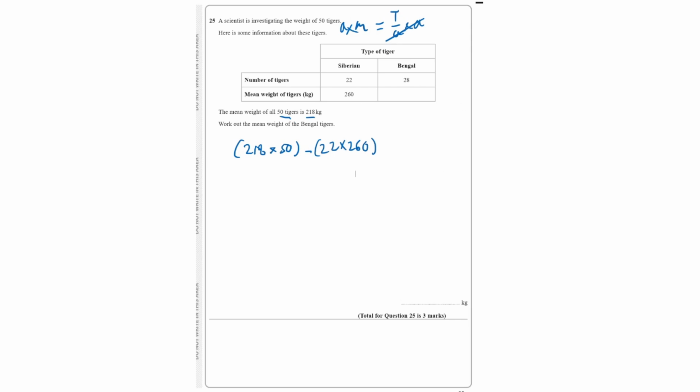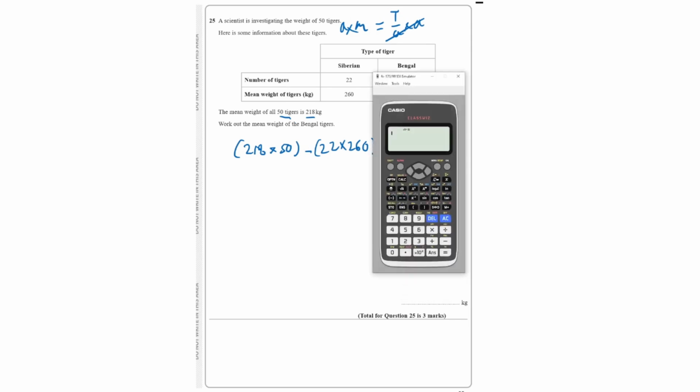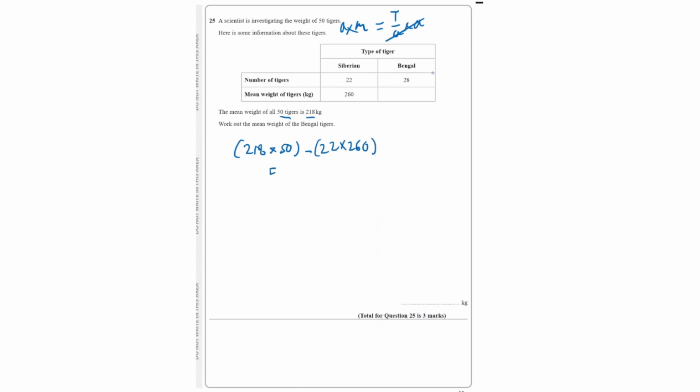Okay, so let's use a calculator here. 218 times 50. That's 10,900. And then we subtract 22 times 260. That gives us 5,180. However, this is only the total weight of the Bengal tigers.